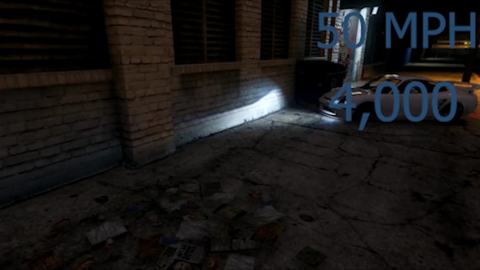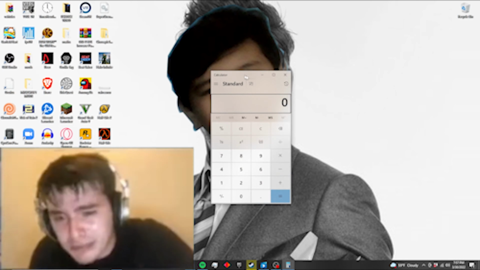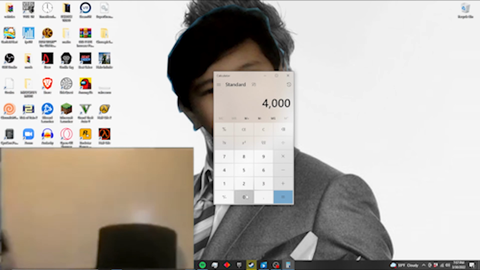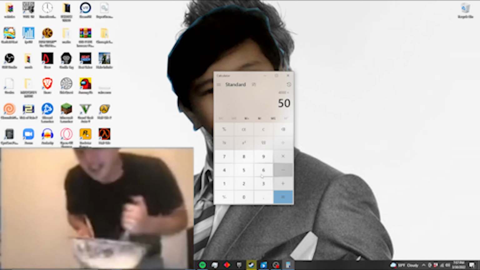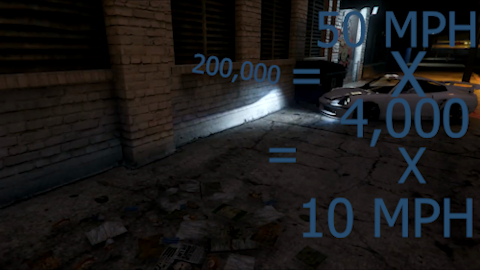So now we multiply 4,000 times 50. 200,000 is the amount of force being exerted onto the trash can, and then for the wall it is 4,000 times 10 miles per hour. That's 40,000. That's the amount of force being exerted into the wall, I think.